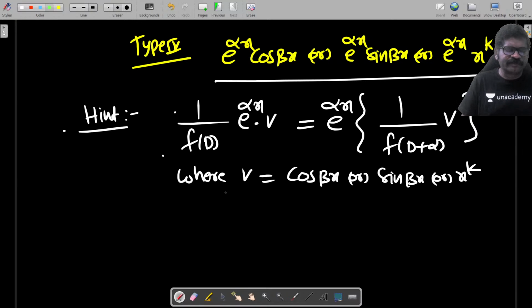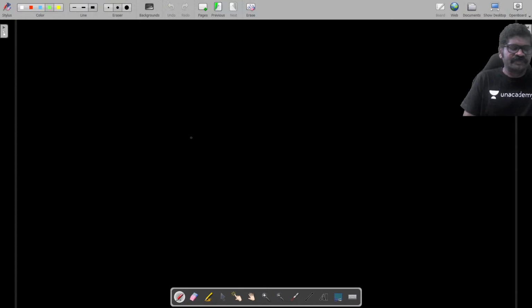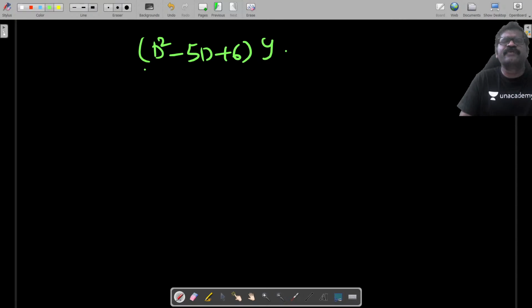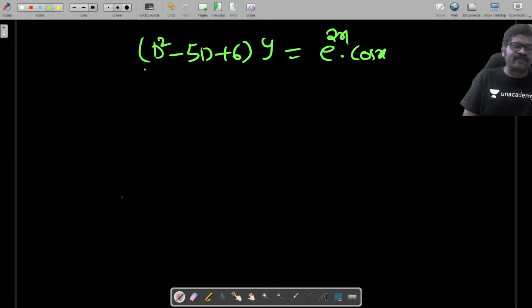For example, (D square minus 5D plus 6) of y equal to e power 2x into cos x. It is clearly in the form of e power alpha x into cos beta x.